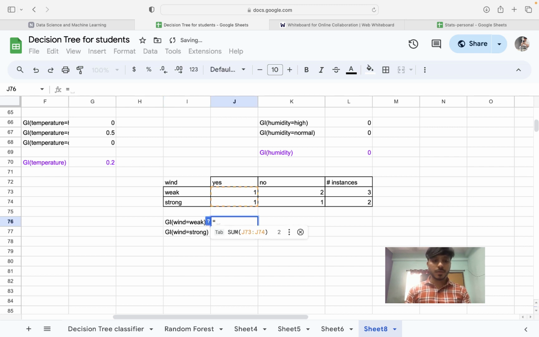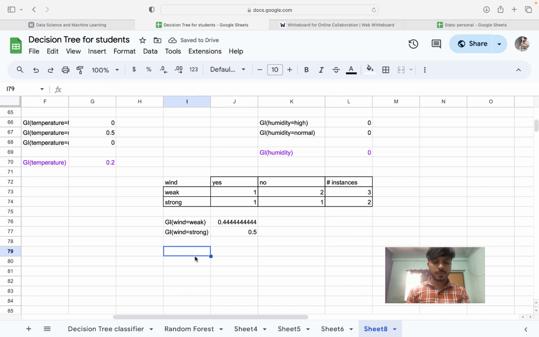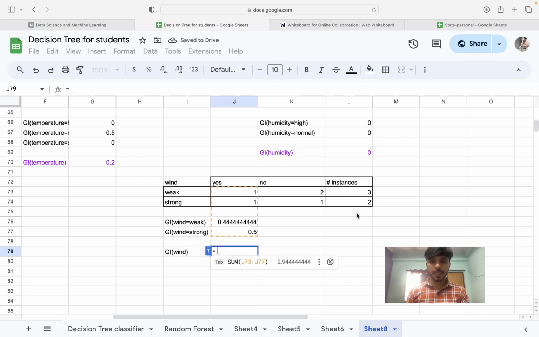Okay, so 1 minus (1/3)² minus (2/3)². Similarly, 1 minus (1/2)² minus (1/2)². And the Gini impurity overall for wind is 3 by total 5, right?